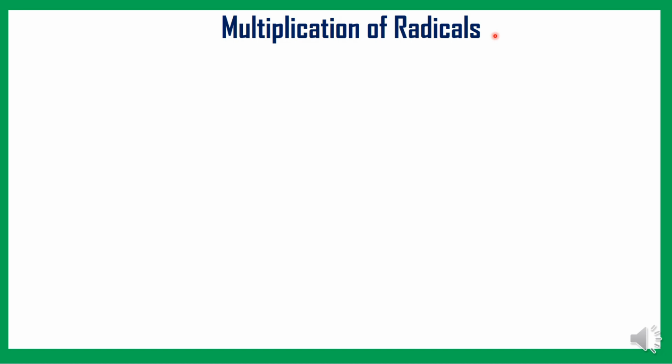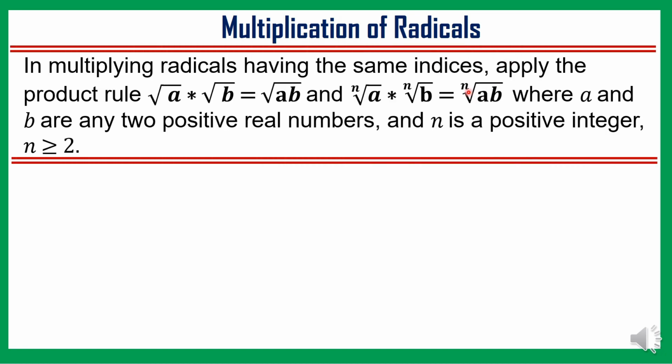So, going back, in multiplication of radicals, we need to apply the multiplication property on radicals. Sabi dito, in multiplying radicals having the same indices, apply the product rule, that is, square root of a times square root of b is equal to square root of ab, and the nth root of a times the nth root of b is equal to nth root of ab, where a and b are any two positive real numbers, and n is a positive integer, n is greater than or equal to 2.